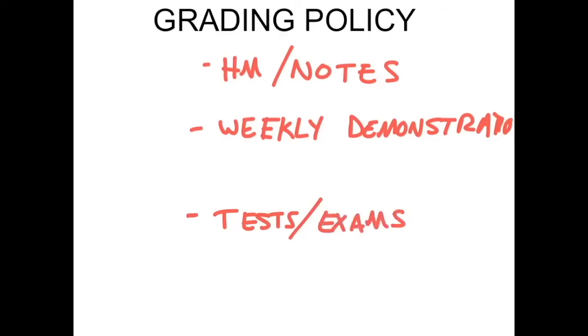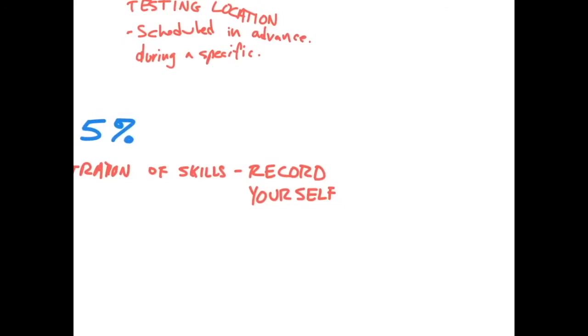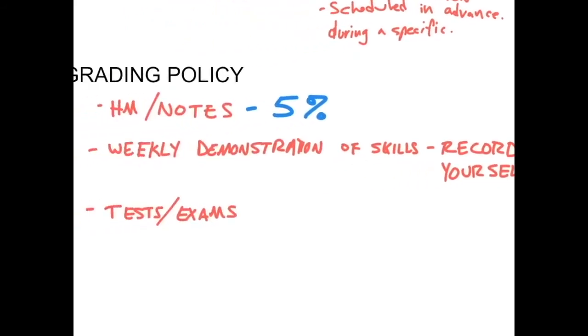Now, within each of these, your homework and your notes accounts for 5% of your grade. This is weighted. The weekly demonstration of skills, when you record yourself, is a whopping 35%. Tests and exams are going to be 60%, sorry.